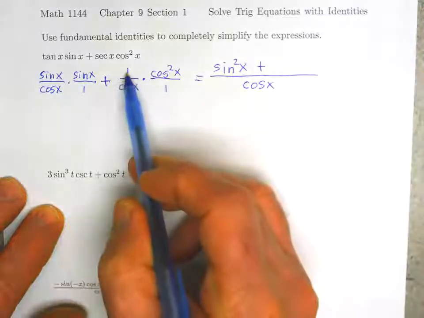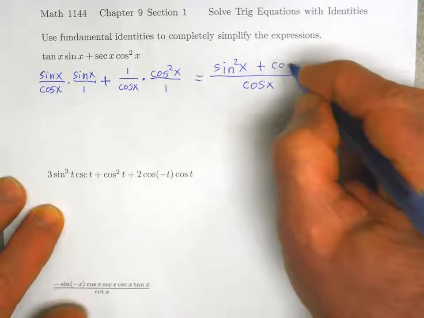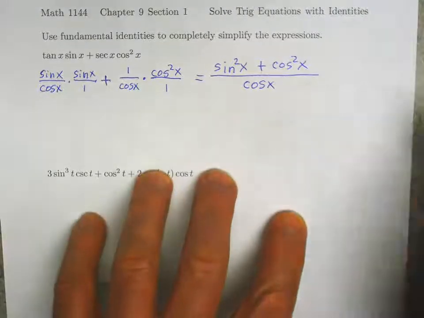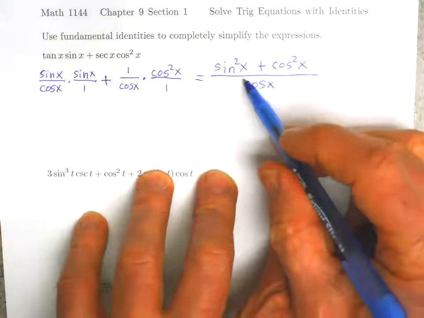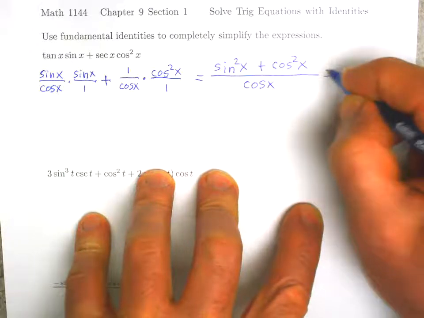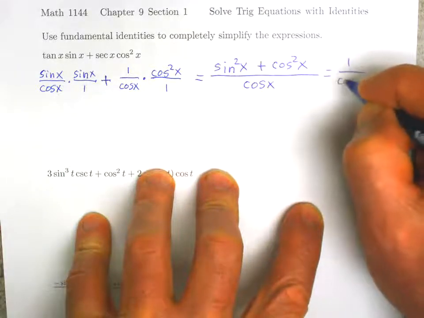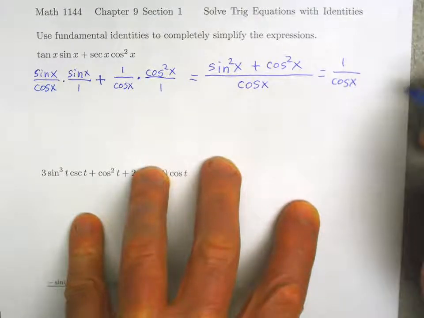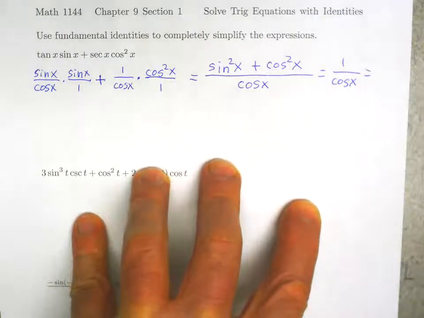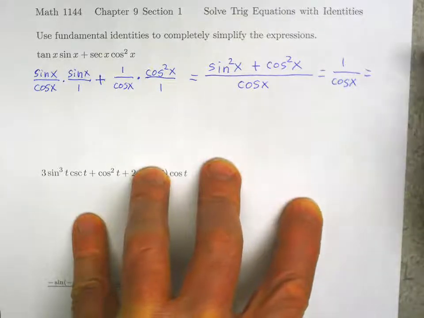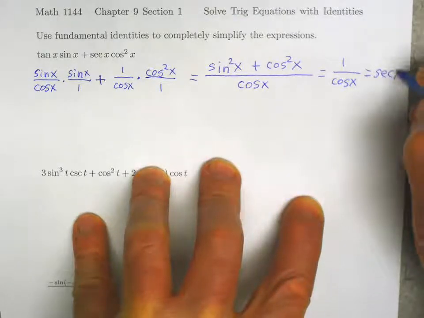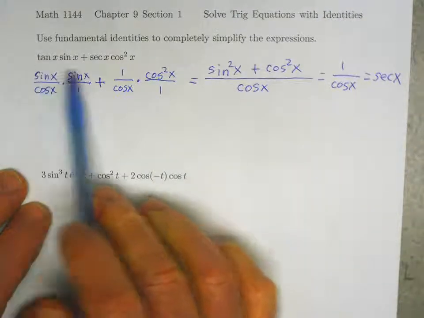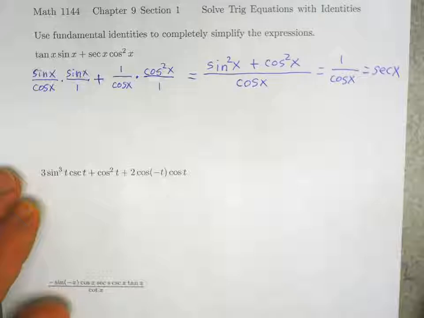And we're adding that to 1 times cosine of x squared. And in the numerator, sine of x squared plus cosine of x squared is 1. So we have 1 over cosine of x. And we can write this more compactly because 1 over cosine of x is secant of x. So that expression simplifies to secant of x.